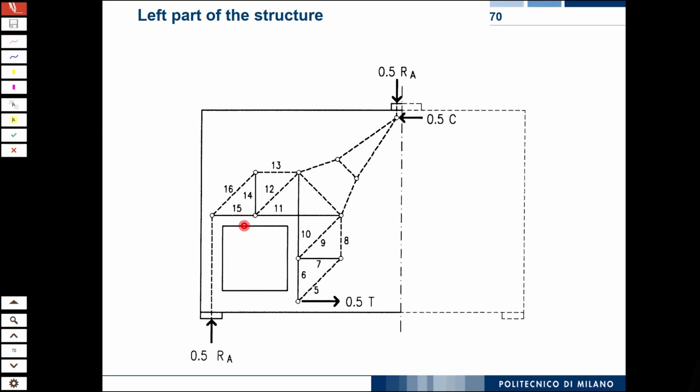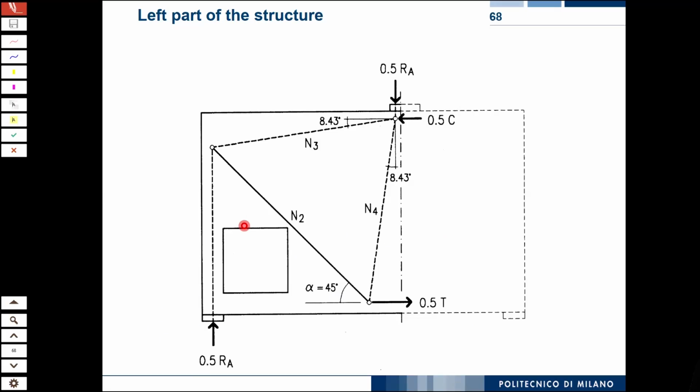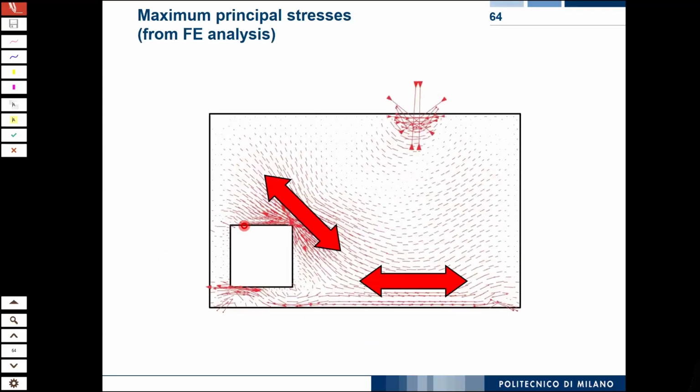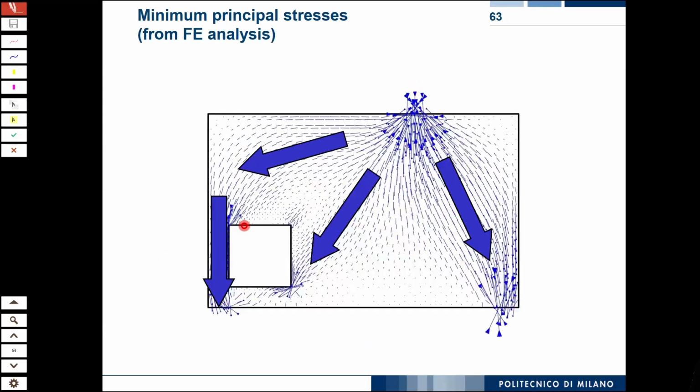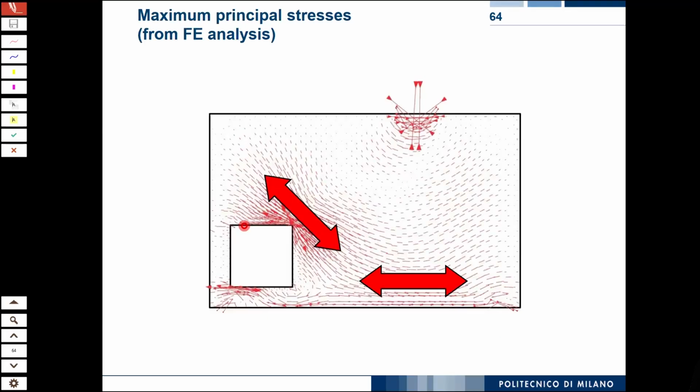Well, here I have to say the creativity of a very expert master of reinforced concrete came out. If you look here, you see you have this compressive stress flow, and here you have the tensile stress flow.